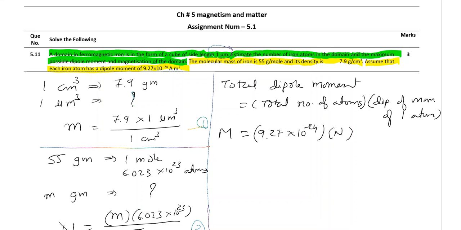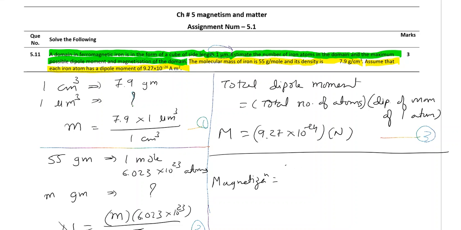Result 3 will give me the total dipole moment, and then if I want magnetization, we can say that magnetization is total dipole moment upon total volume.